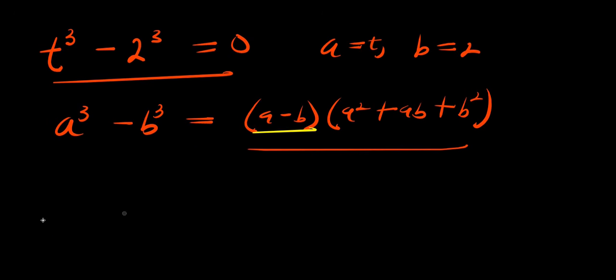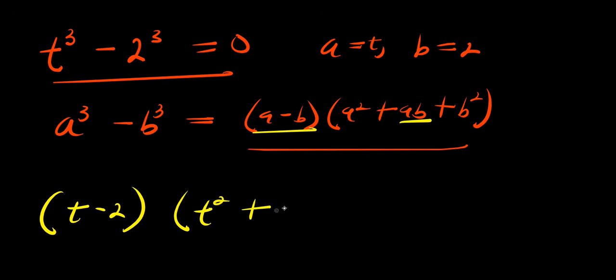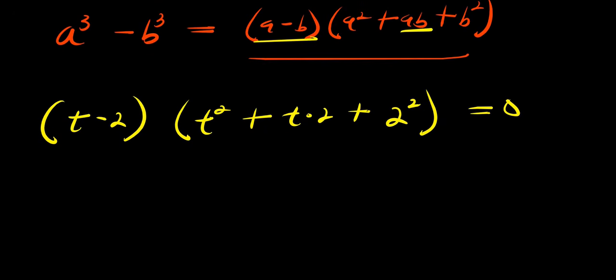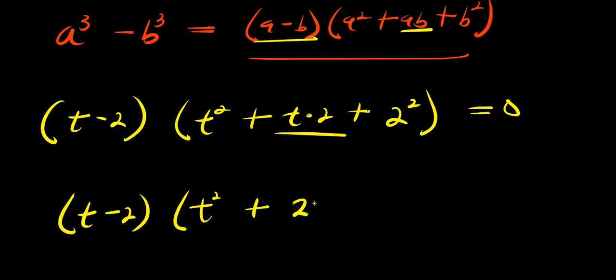So we have t minus 2 times t power 2 plus ab, this is t times 2, plus b squared, this is 2 power 2, and this equals 0. So from here, I have t minus 2 times t power 2 plus t times 2, this is 2t, plus this is 4, and this equals 0.